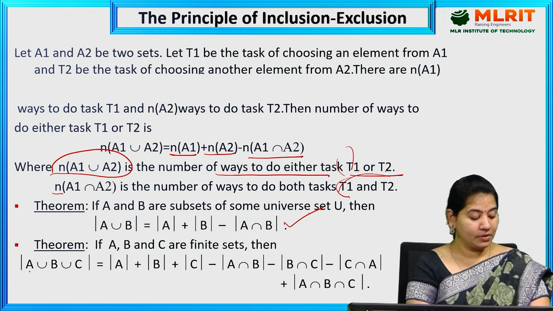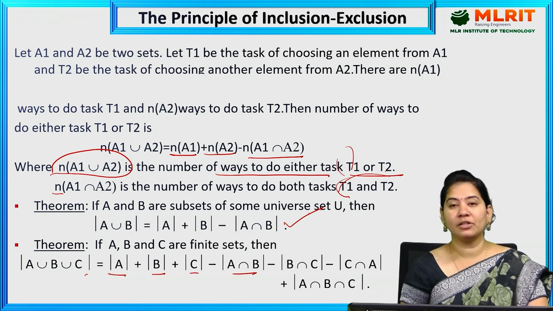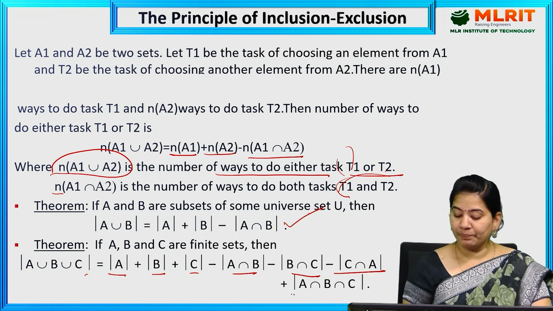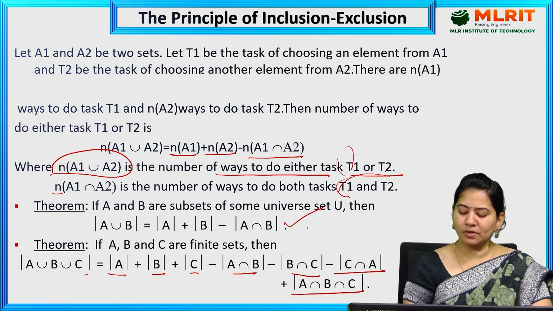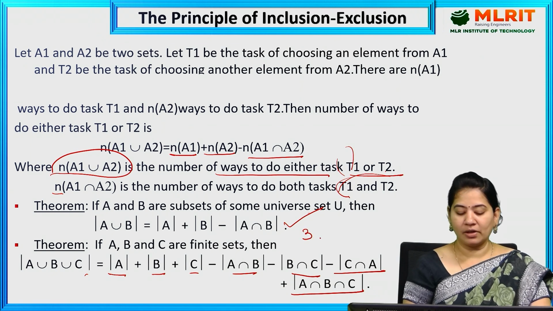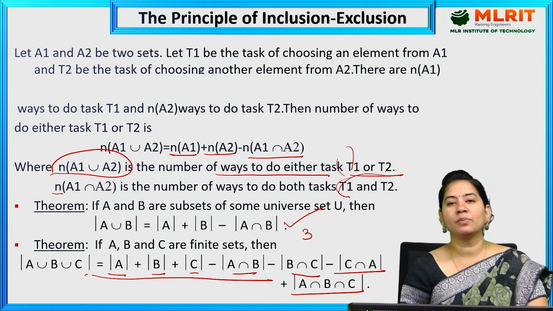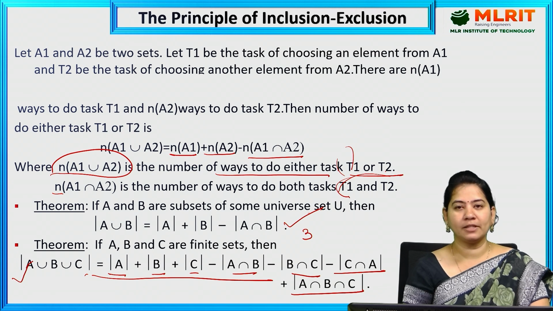Here A union B union C is equal to A plus B plus C minus A intersection B minus B intersection C minus C intersection A plus A intersection B intersection C. If you have three subsets, you are going to use this formula. In most principle of inclusion exclusion cases, we will mostly use the second formula, with three subsets.